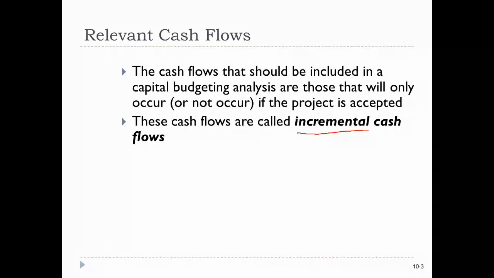Any cash flow or any expense or revenue or anything that will only occur if we proceed with the project and will not occur if we don't proceed with the project is incremental. That's what incremental means here. Is it something that will only happen if we proceed with the project and will not happen if we don't? Hopefully that'll make sense as we go forward and define some of these things.